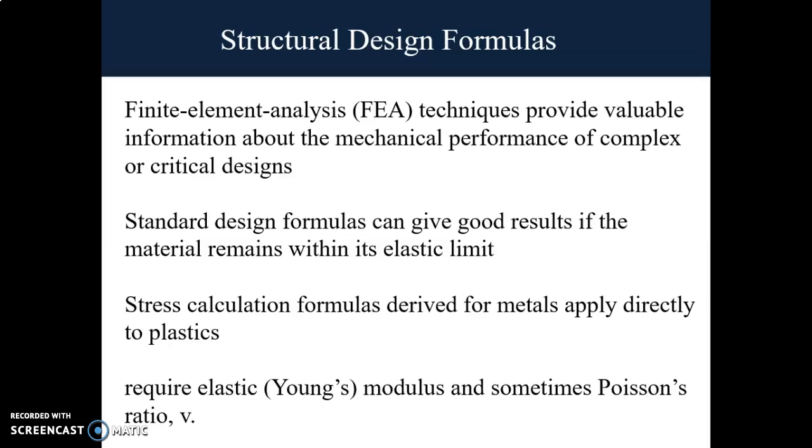Generally, material dependent deflection formulas require elastic, ataupun Young modulus, and sometimes Poisson ratio, which is given by the symbol U. Poisson ratio varies slightly with condition, but usually only to an insignificant decrease.